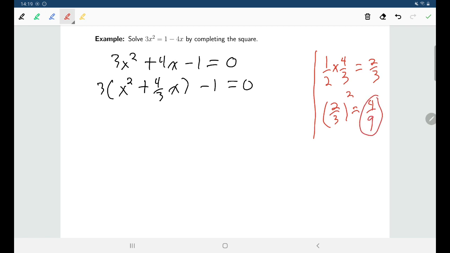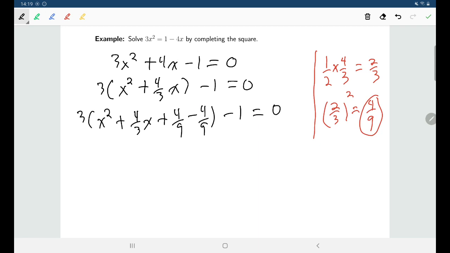So 4/9, that's the amount that I'll be adding in and then subtracting. So I have 4/3 x plus 4/9 minus 4/9. And we always complete the square first adding the amount in and then subtracting after.